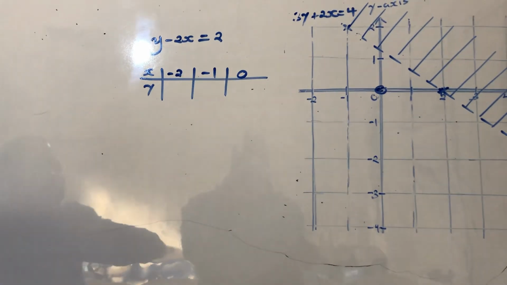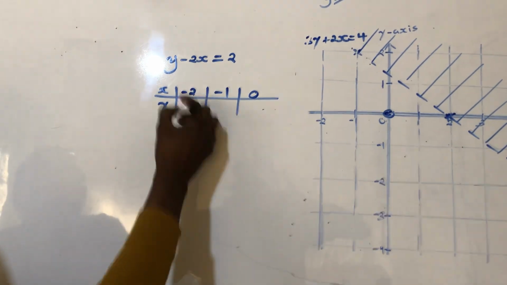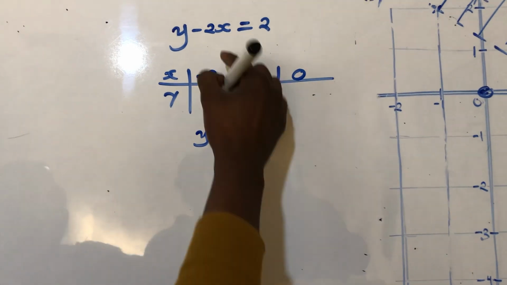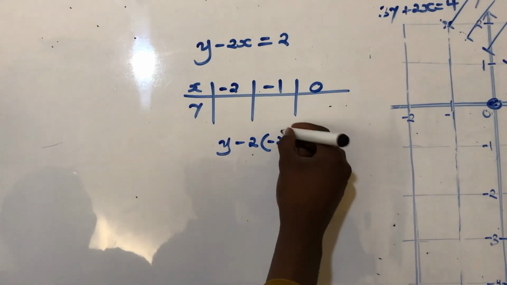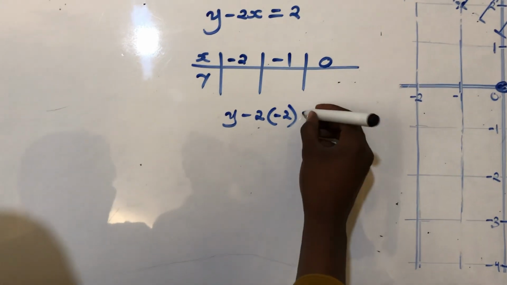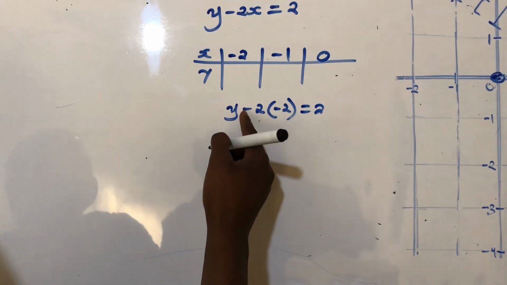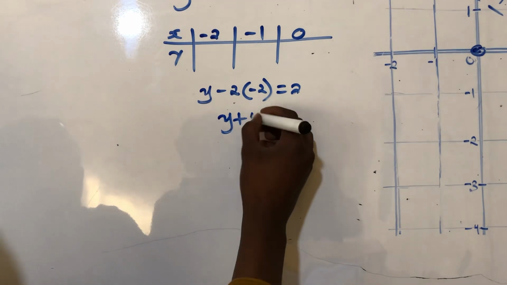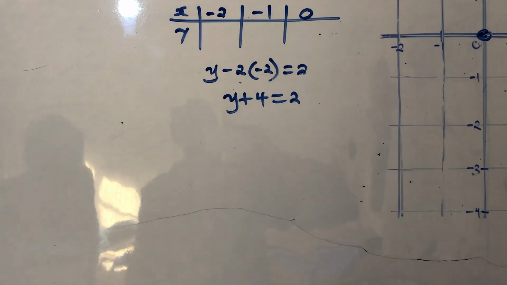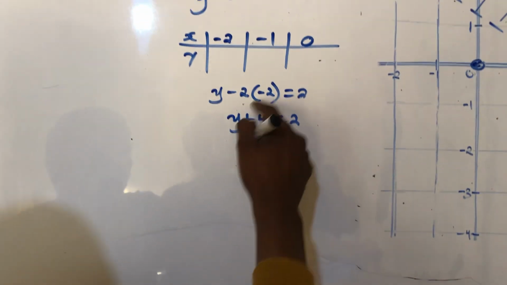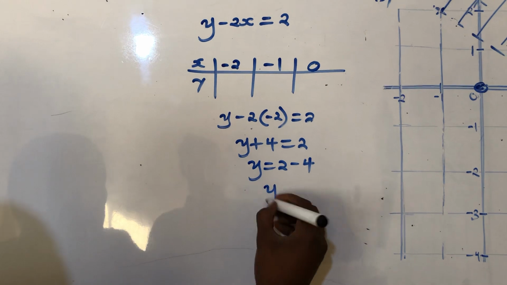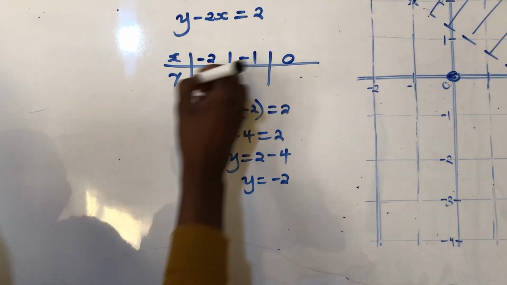Starting with the -2, I'll have y minus 2, where there is x, substitute -2, is equal to 2. Negative times negative should give us a positive 4 is equal to 2. The 4 will cross over to the other side to become 2 minus 4. So our y in this case becomes -2.